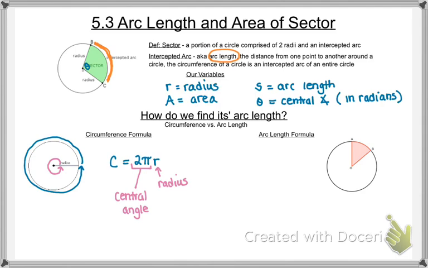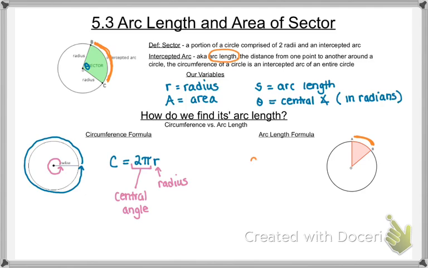And so 360 degrees is 2 pi in radian measure instead of degrees. And our angle always has to be in radian measure for finding arc length and area of a sector. And so if I don't want the distance around the entire circle, what if I only want the distance around a part of the circle? So I only want this small distance.